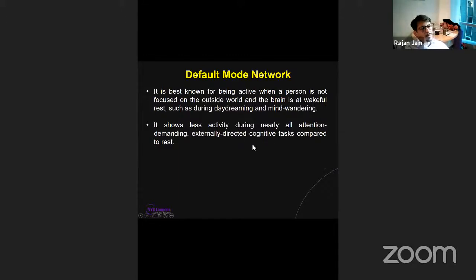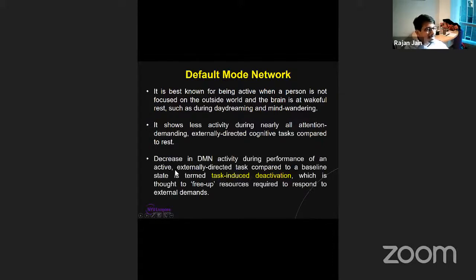That's where the default mode network is kind of shut down, right? And this decrease in default mode network activity during performance of an active externally directed task is also known as task induced deactivation, right? It's basically thought to free up resources required to respond to the external demands.